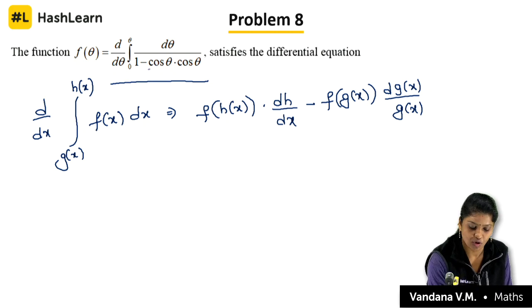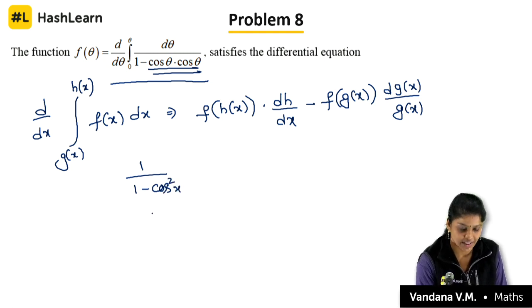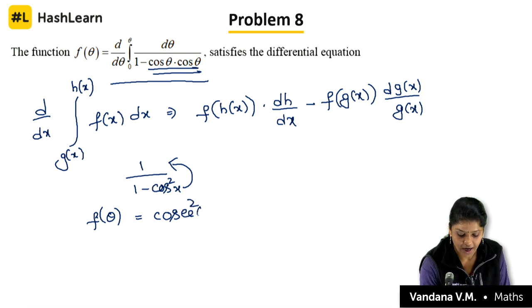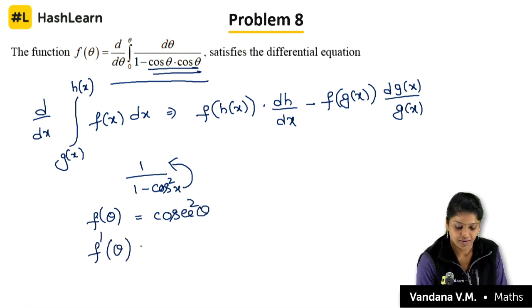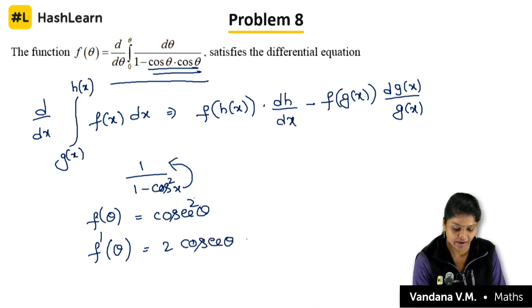If you do that, cos x into cos x, you will get 1 by 1 minus cos square x. 1 minus cos square x is sin square x. If it goes to the numerator, you will get f of theta is equal to cosecant square x, and you differentiate, f dash of theta is 2 cosecant theta for the power.